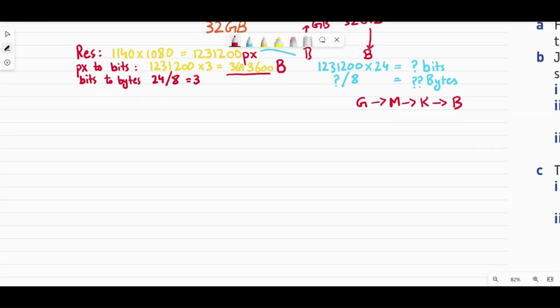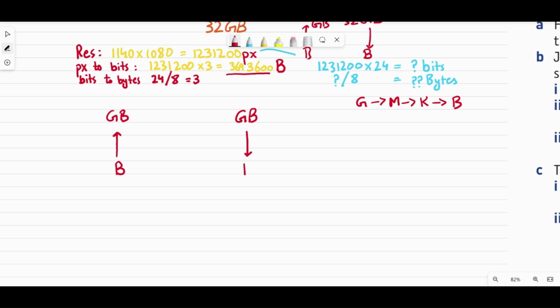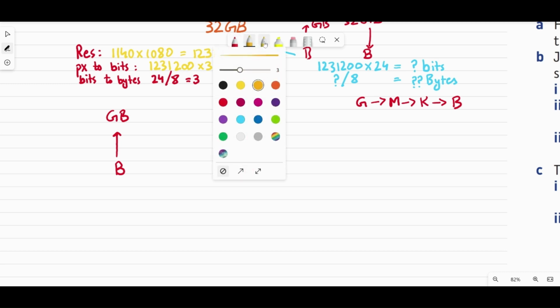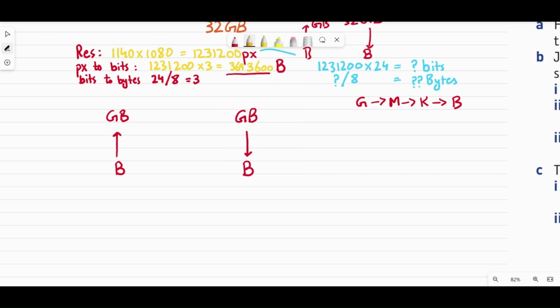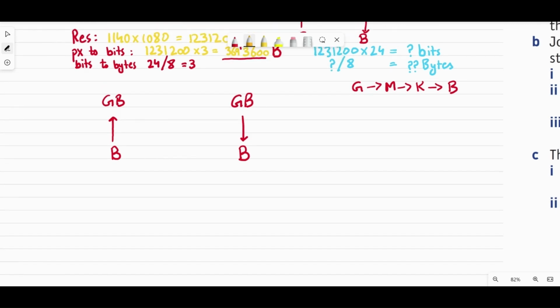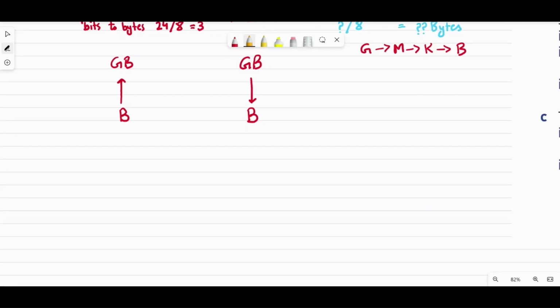Okay, so here we're going to do byte to GB, and on this side we're going to do GB to byte. I'm going to change the ink; this one is already yellow. For this side we'll go with the orange one.